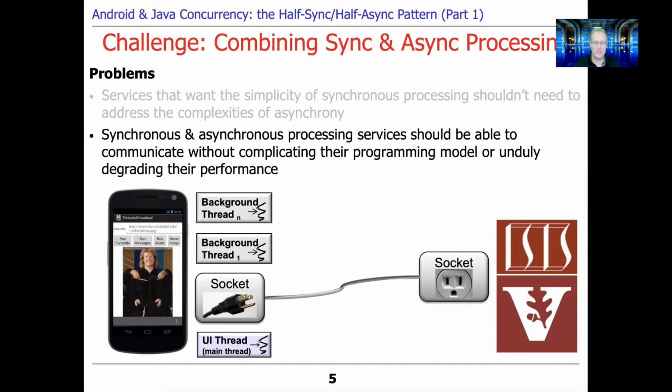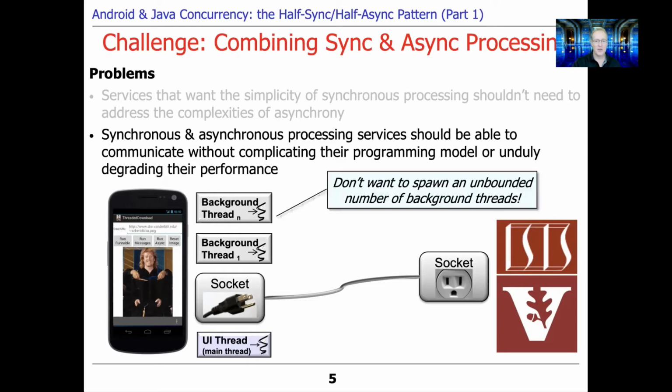So the way we're going to do this is we're going to have a user interface thread, which, you may recall from previous discussions, has to be non-blocking or asynchronous. Then we're going to have some background threads that run and do the actual downloading, and they're going to be synchronous. So we're going to have this sort of half-sync, half-async model.